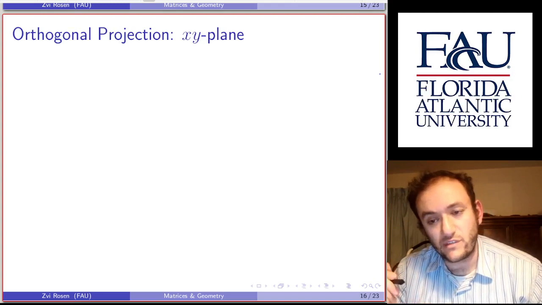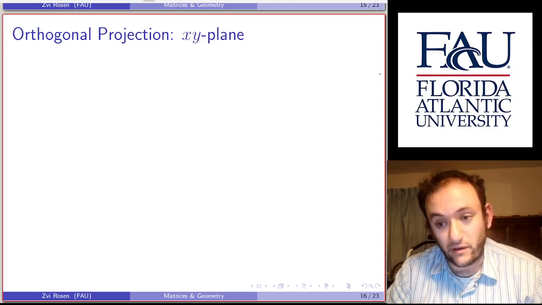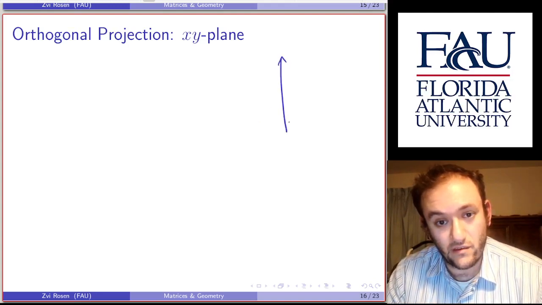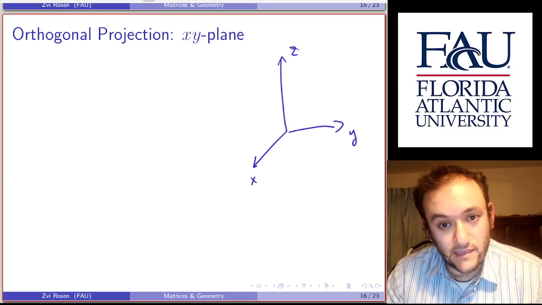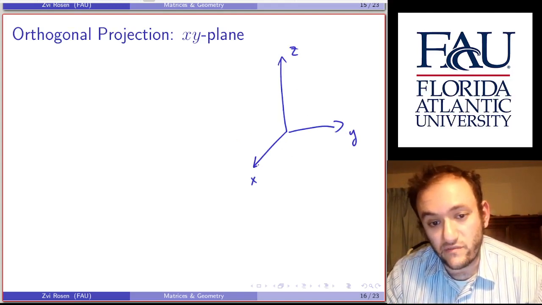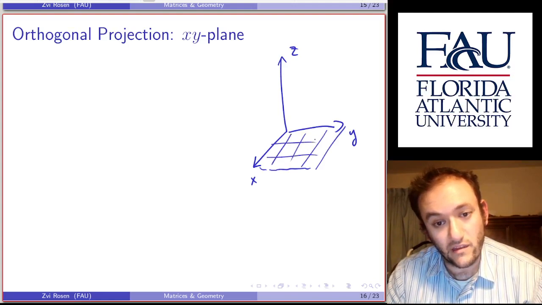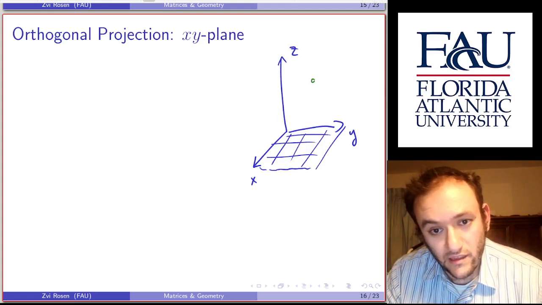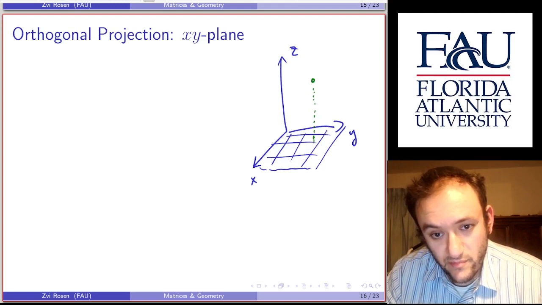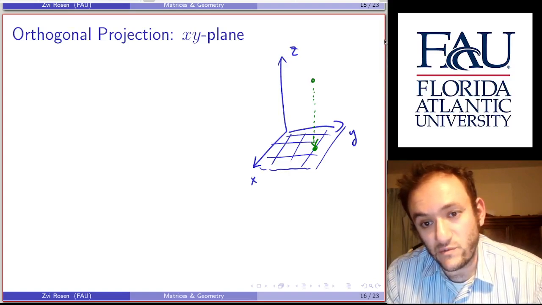Orthogonal projection. We saw orthogonal projection onto lines, but we can also orthogonally project onto planes when we're talking about 3D. If we have our 3D axes, x, y, and z, one thing you could do is fix a plane spanned by two of the coordinate axes, for instance, this plane. Orthogonal projection can take a point and map it directly down into the xy plane.